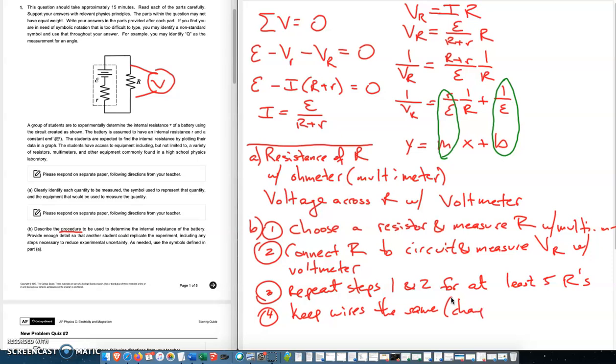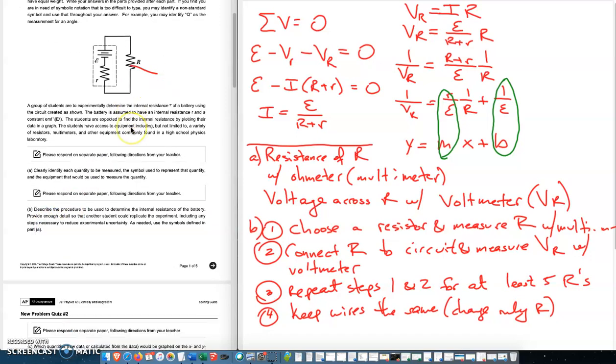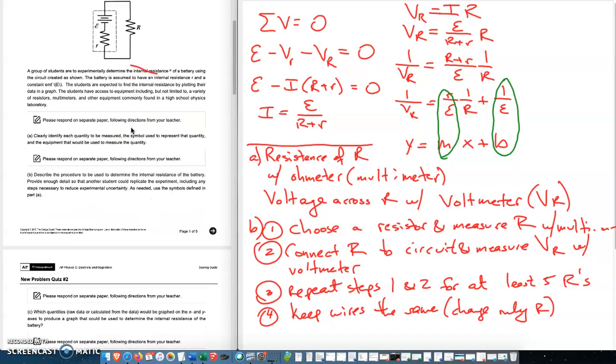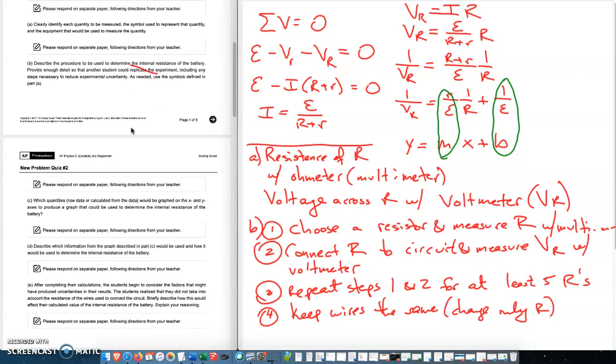So what we're doing is change only the resistor. Oh yes, and I should say the voltage of that resistor is VR because I use this later on in part B. All right, scrolling down to get to part C.